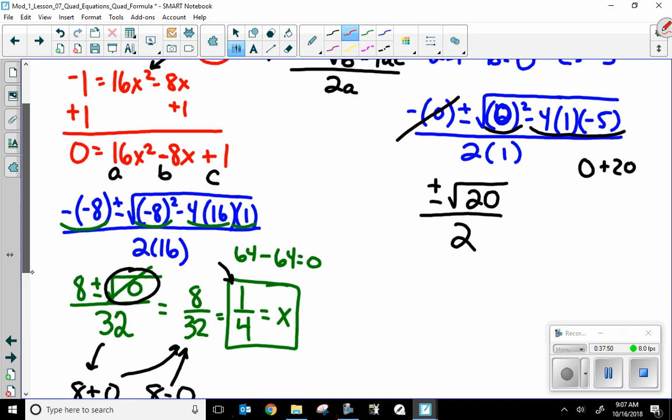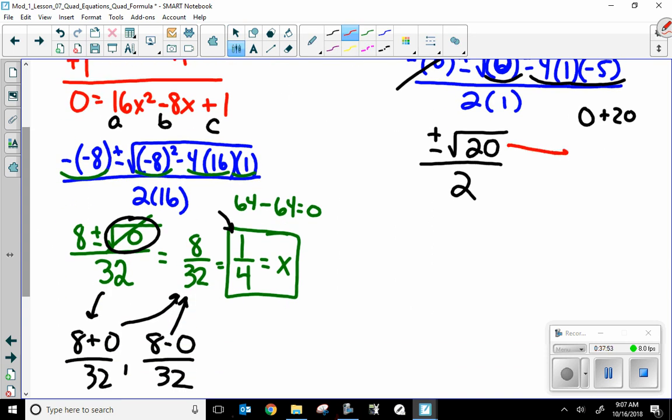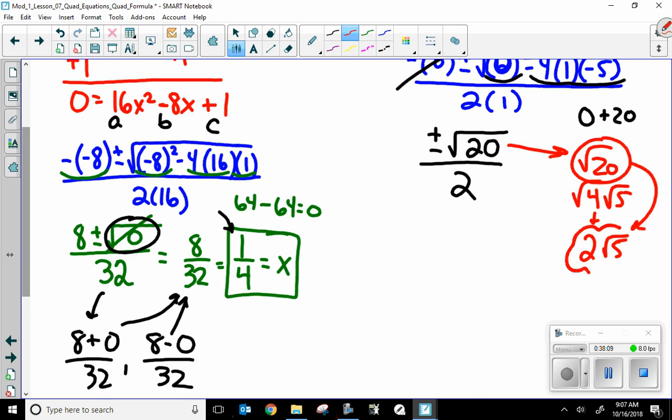What can we do? We can simplify this radical. Radical 20 is the same thing as radical 4 times radical 5. And the square root of 4 is 2. Radical 5 cannot be simplified anymore. So instead of radical 20, I'm going to write it as 2 radical 5. Plus or minus 2 radical 5 over 2.